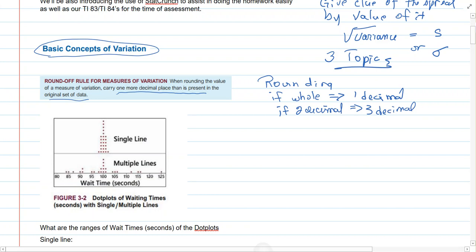So here we have an example, and in this example is the study of time. It is a dot plot of waiting times in seconds with single and multiple lines. Single lines mean that you're in a row and then wait for the next available.